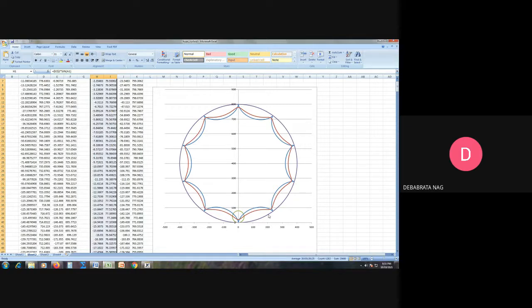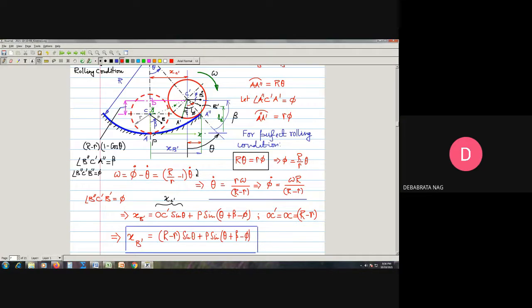These blue cusps define your hypocycloid. And the brownish curve that we have shown here is the hypotrochoid. That means the locus of any inside point within the cylinder or the sphere-like substance as this rolls over this bigger circle. So we can generate all these interesting curves.